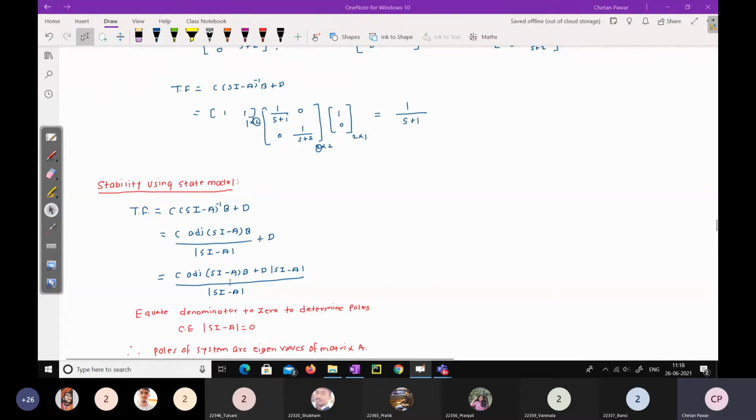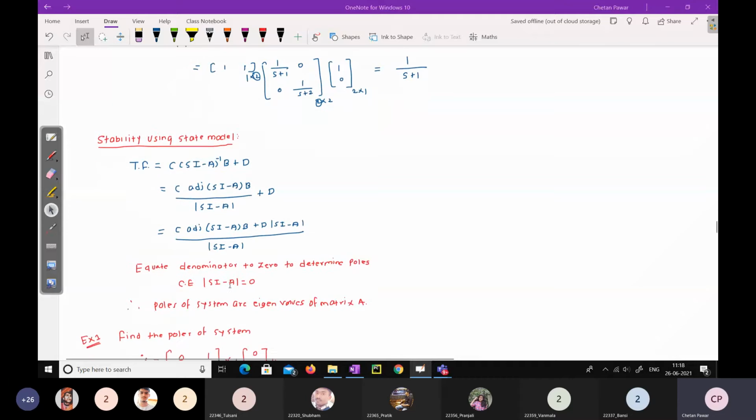So we can say that the poles of the system are the eigenvalues of matrix A.